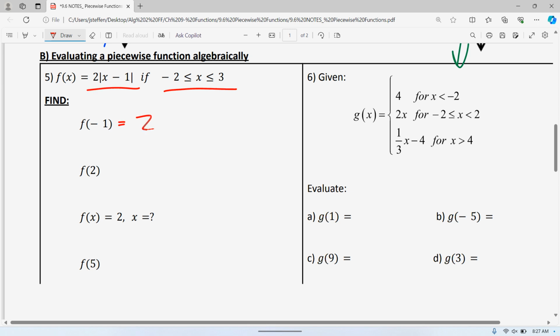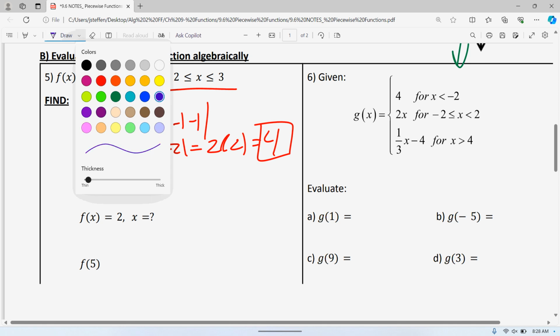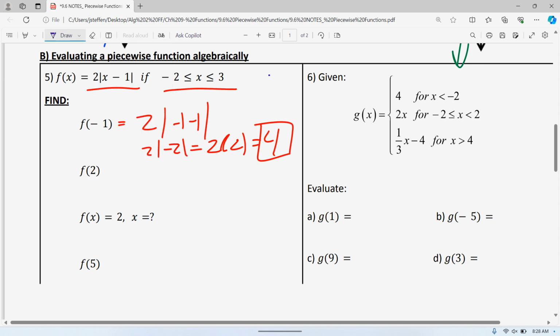So that's 2 times -1 minus 1. That's -2, but that absolute value is +2. So 2 times 2. Next, that's 2.